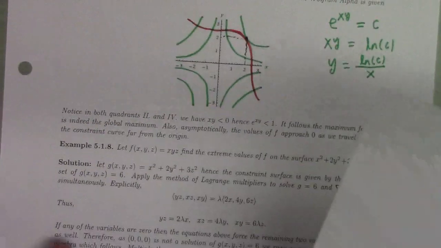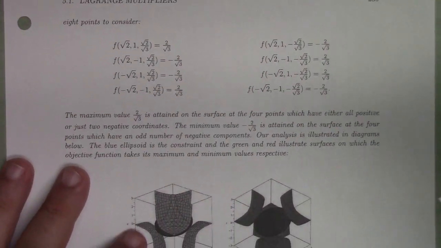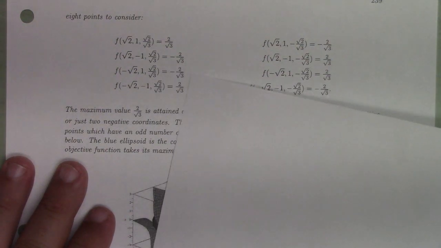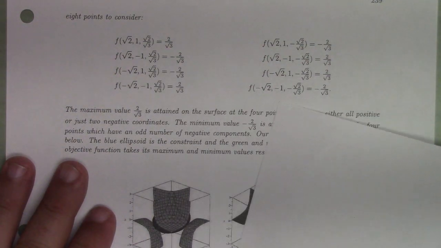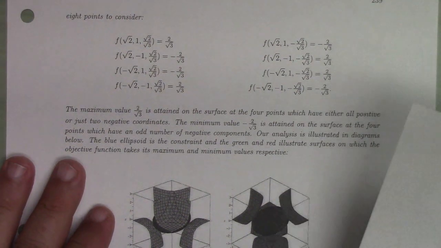When you do that, you get actually 8 potential winners or losers, and those 8 points, when you evaluate them, give you these different values: 2 over root 3 or minus 2 over root 3. And so apparently 2 over root 3 is the maximum, and minus 2 over root 3 is the minimum.